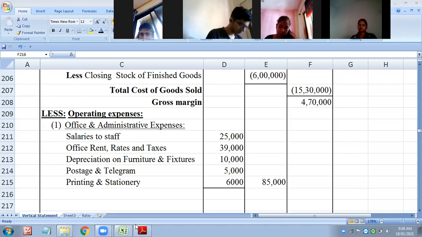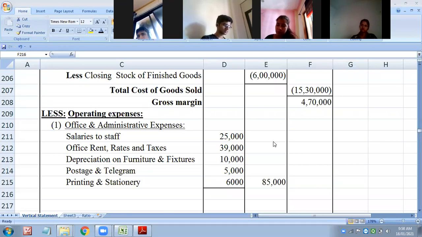And now, honestly speaking, if you go to the website or annual report of any company, 200% you'll get this format only, they are following. Because once the Companies Act 2013 was revised, Schedule 6 of the Companies Act 2013 transformed the horizontal form of presenting the balance sheet into the vertical form.